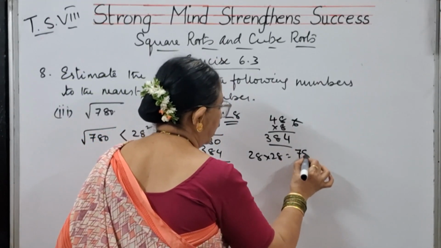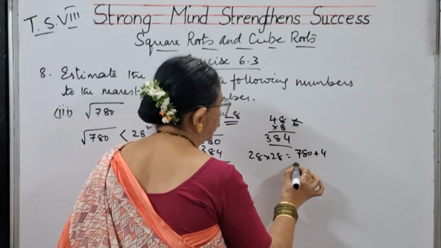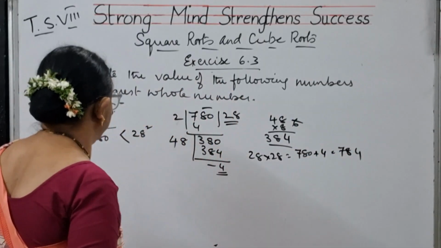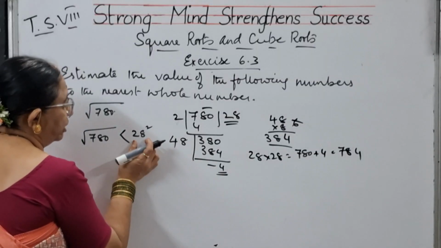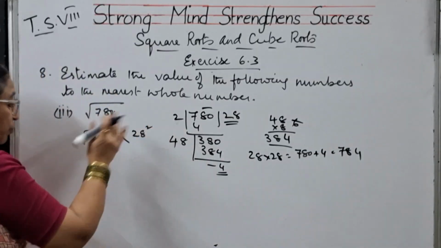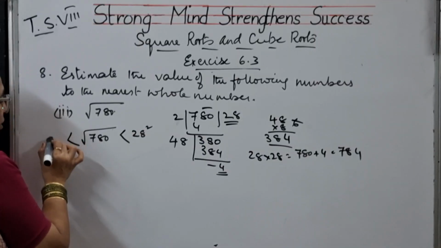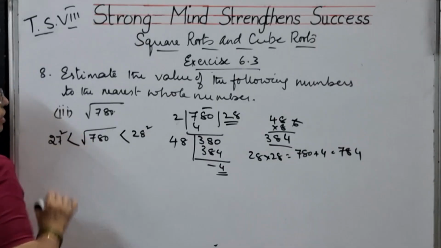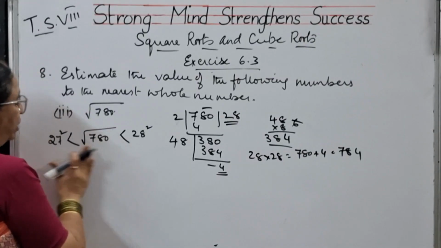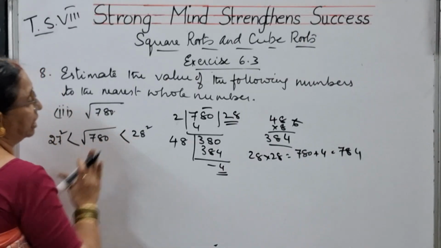So if you just add 780 plus 4, you will be getting 784. That means 28 square is more than this. That means before 28 what will you have? 27 square. So we are very clear that 780 lies between 27 square and 28 square.